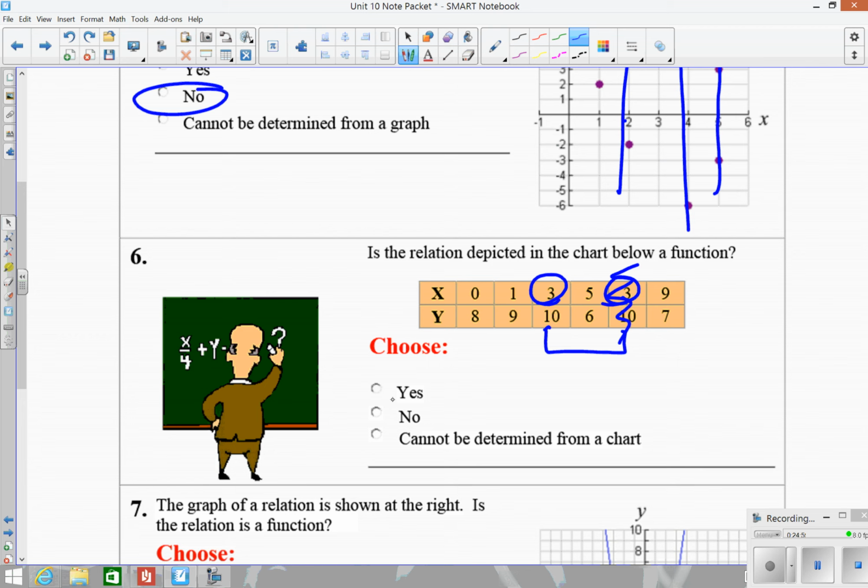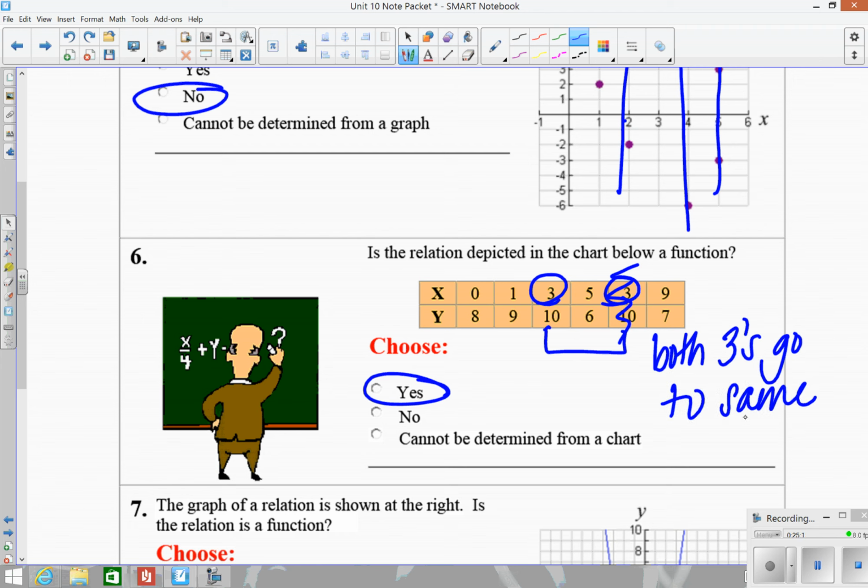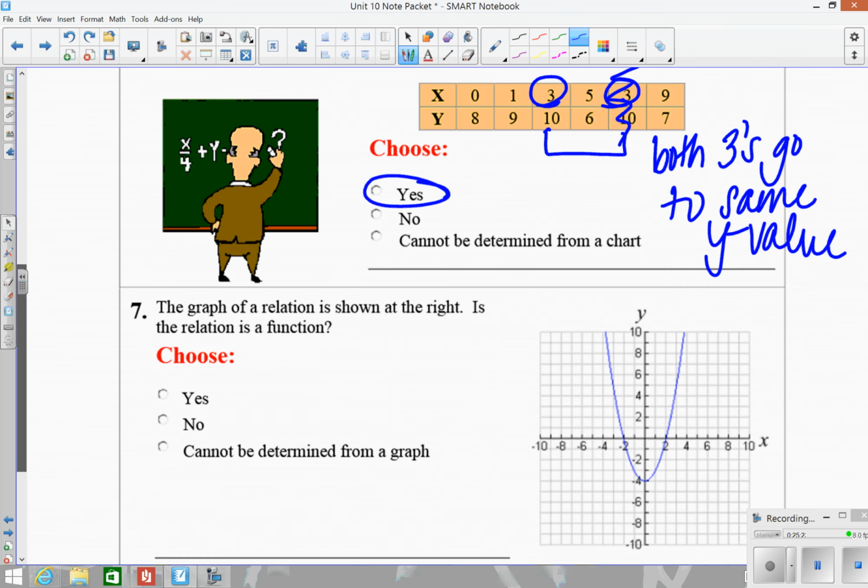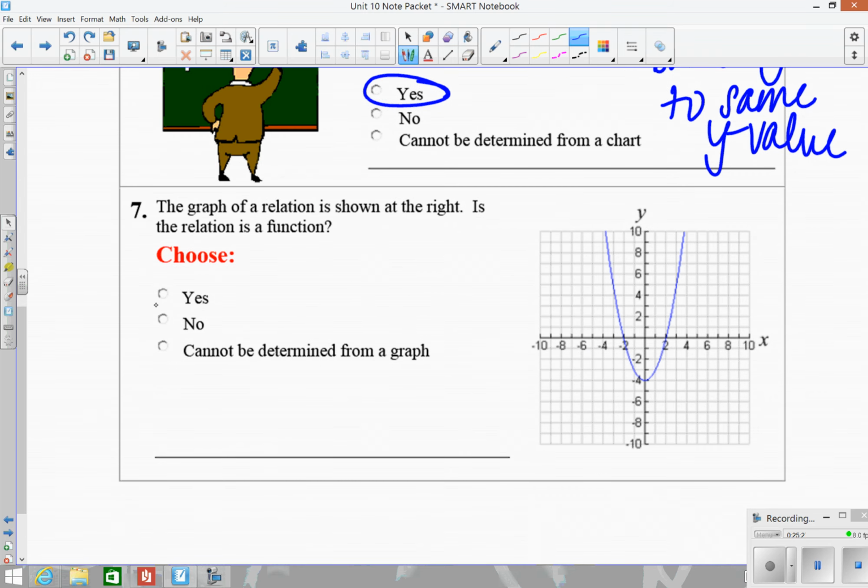This one is actually still going to be a function, because both 3's go to the same y value. This is the case where you really have to be careful with just checking the x values, because even if they're repeated, you have to make sure that the y values are different to have one input going to different outputs. This one would be a function.